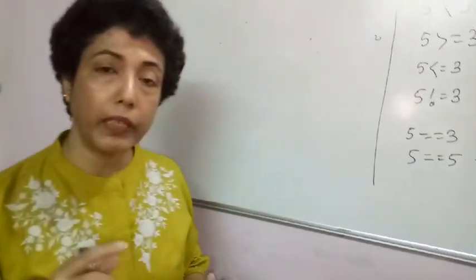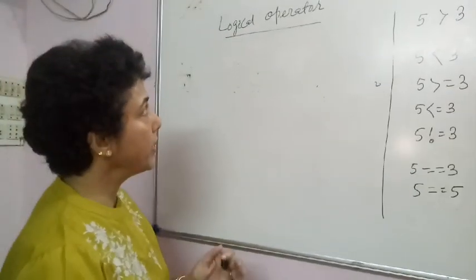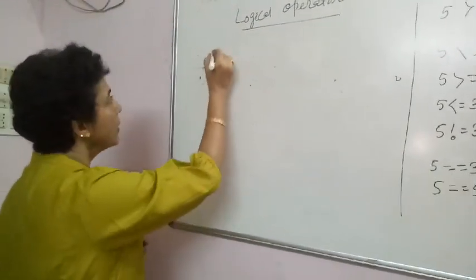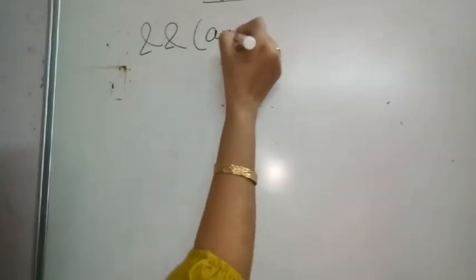Now, they appear in between the two relational expressions, and there are 3 logical operators used in Java. Just check the symbol. This is called the AND operator.